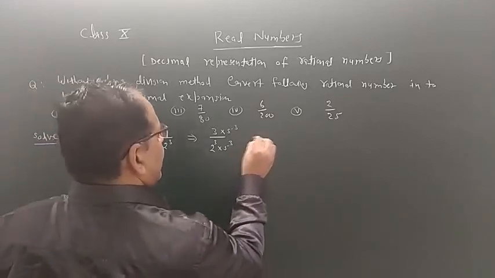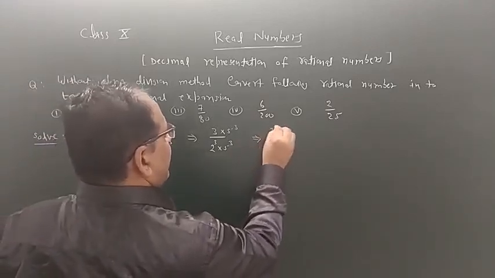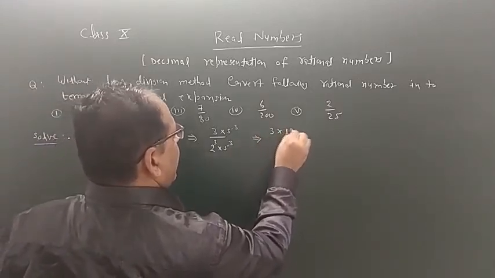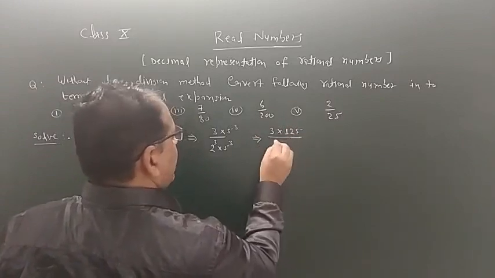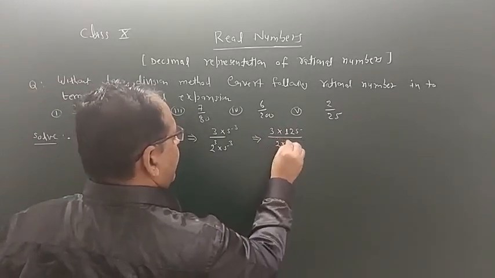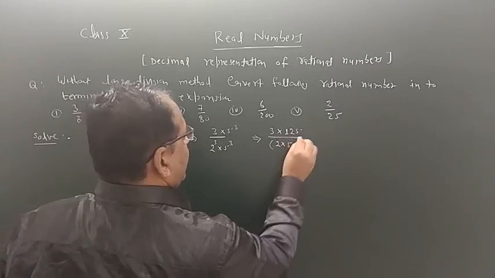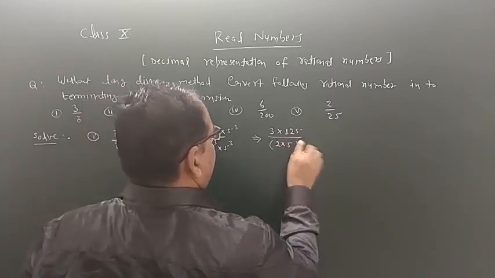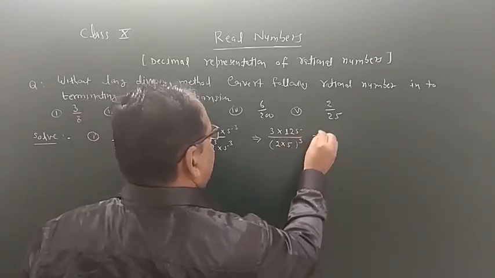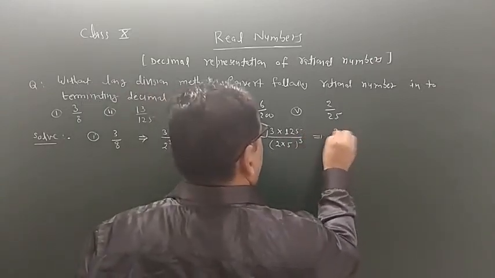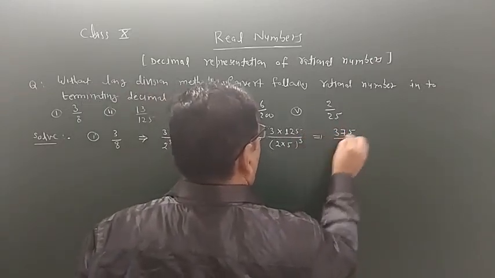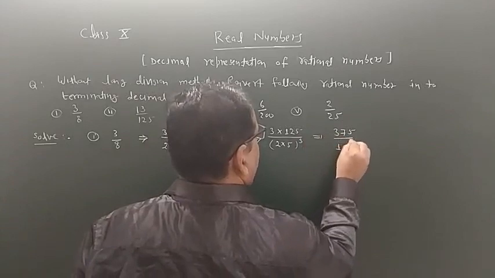So this can be written as 3 into 125 upon (2 into 5) whole power 3. That means 375 upon 10 to the power 3.